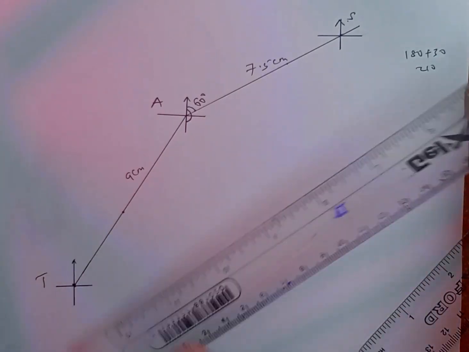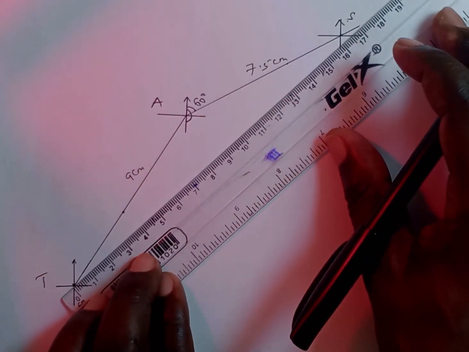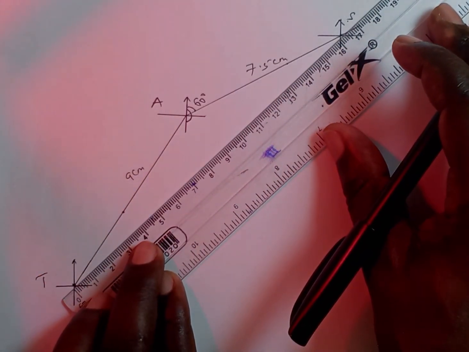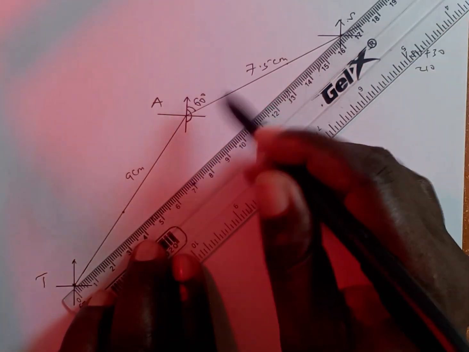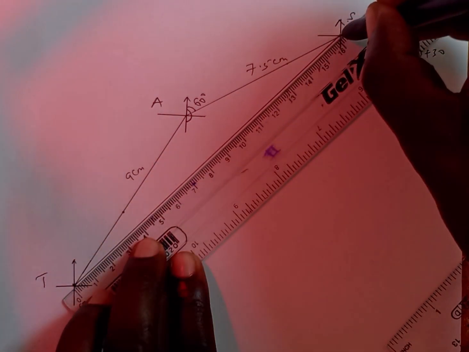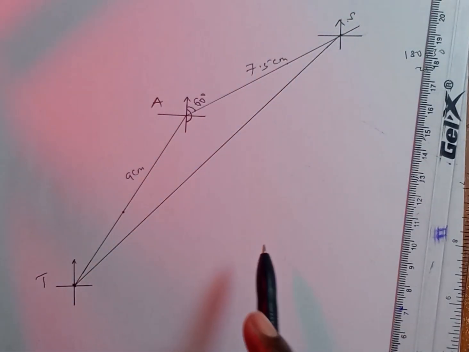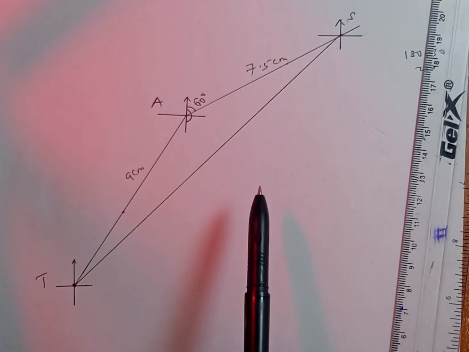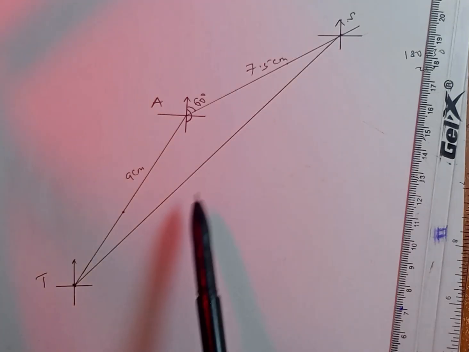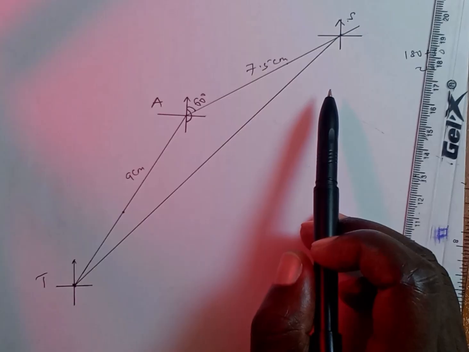We join T and S. That is a sketch diagram or a scale drawing showing the positions of port A, aeroplane T and S.